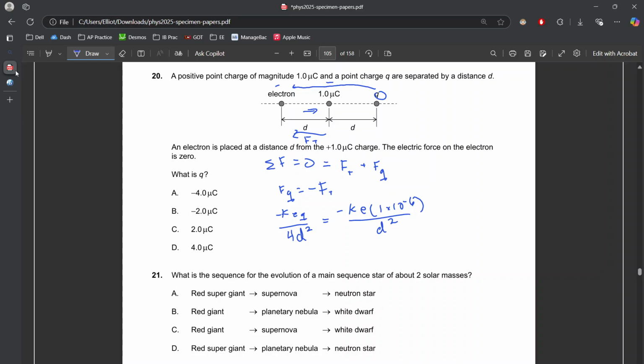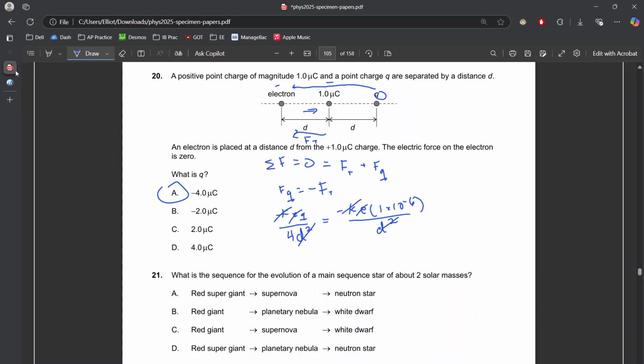If you look at that, negatives cancel, K cancels, e cancels, d squareds cancel. So Q is actually equal to 4 microcoulombs. I should say negative 4 microcoulombs, because that has to be negative to repel it.